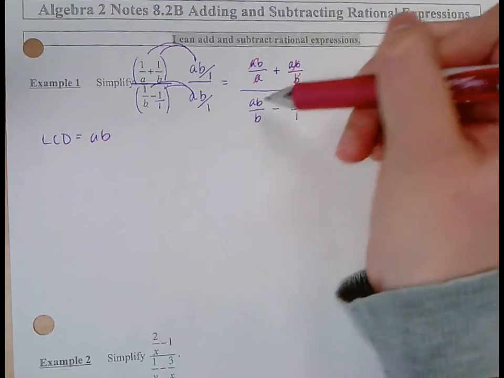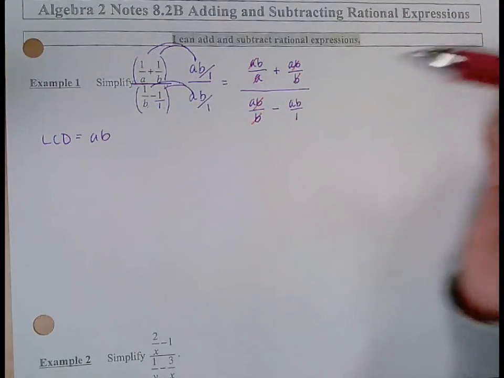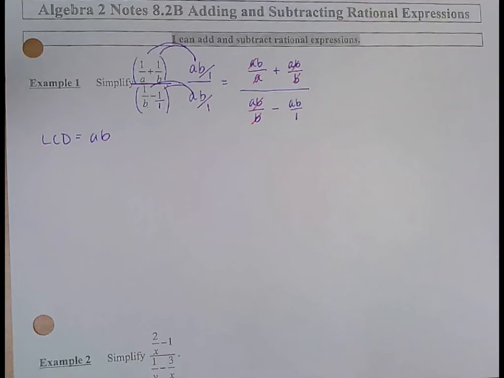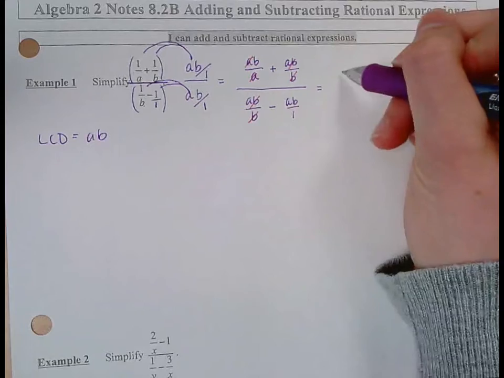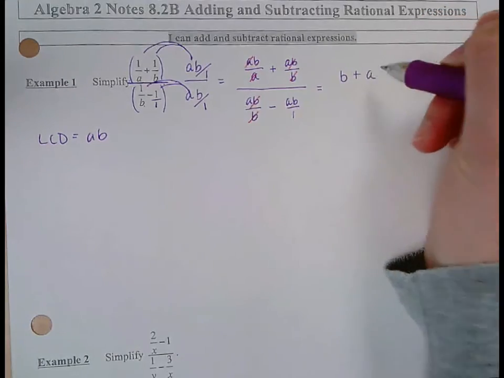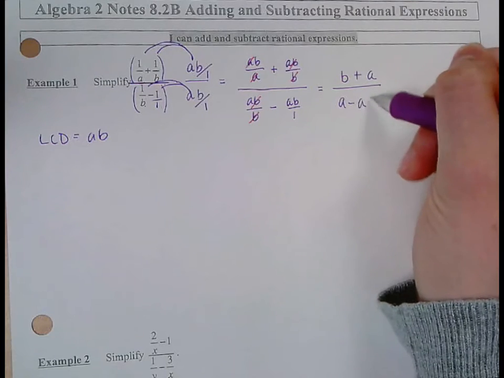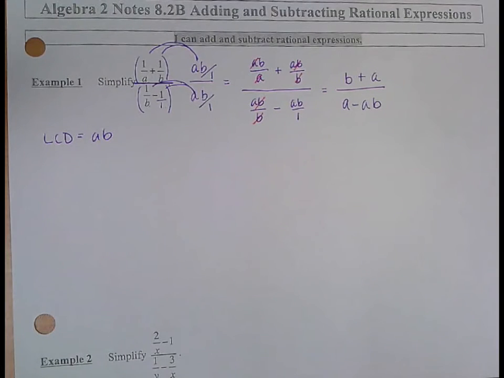On the bottom, the first fraction, b's cancel out, so that's just a. And the last fraction is just over 1, so it's just ab. So then I would have b plus a on the top and a minus ab on the bottom. So I no longer have a complex fraction. I still have a fraction, but I don't have fractions within it.